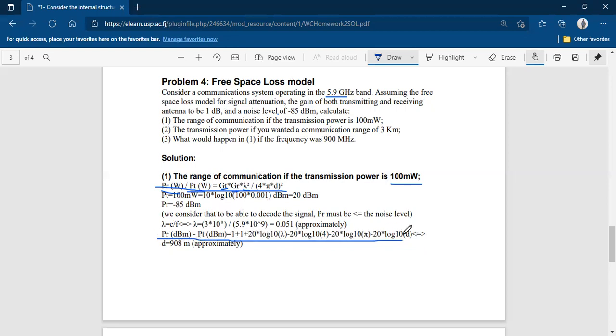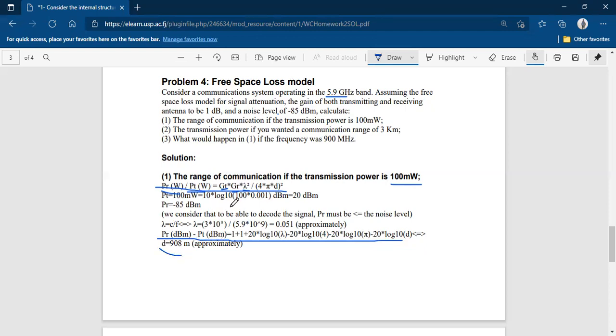So based on that, if we evaluate our formula, taking our transmitting power to be 20 dBm, our receiving power to be minus 85 dBm, and our antenna gains to be 1 dB, and taking our lambda to be approximately 0.051, and substituting it into the main formula, we get our distance is equal to 908 meters.